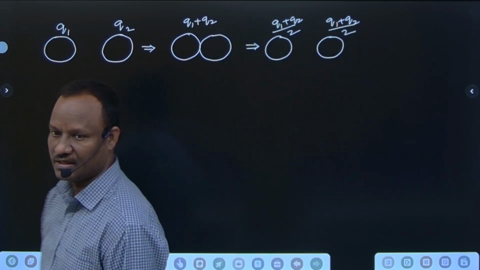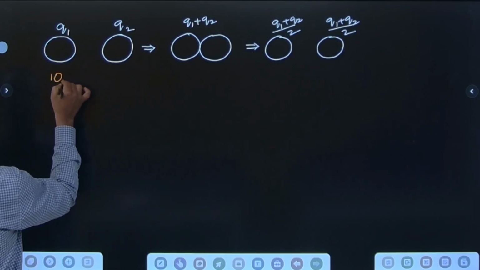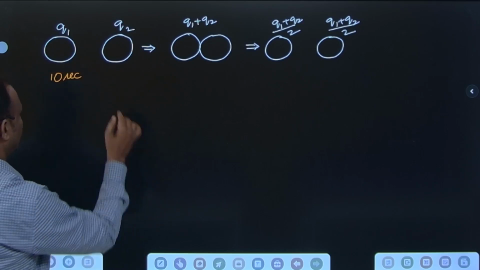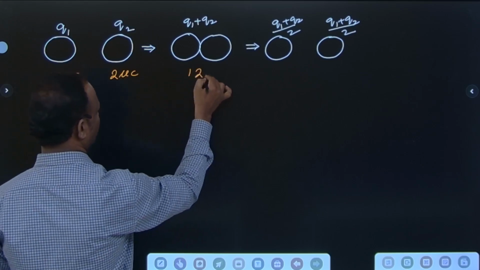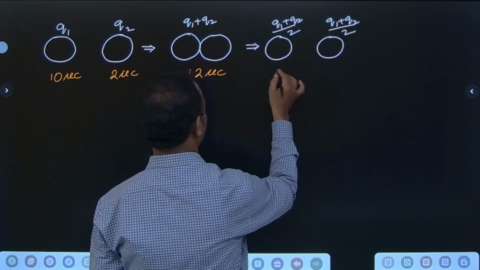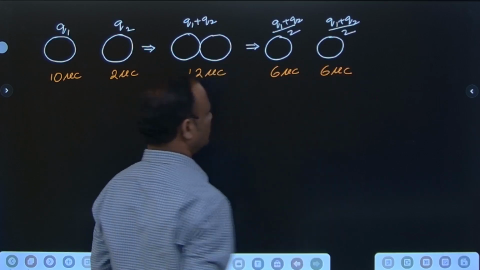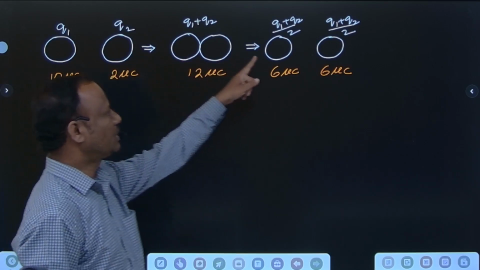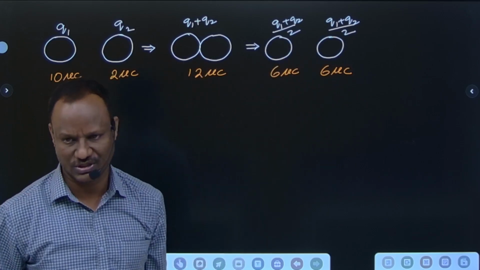For example, if this body has 10 microcoulomb charge and this one has 2 microcoulomb, the total is 12 microcoulomb, which is divided equally: 6 microcoulomb and 6 microcoulomb. These will be Q1 dash and Q2 dash after getting equal potentials.